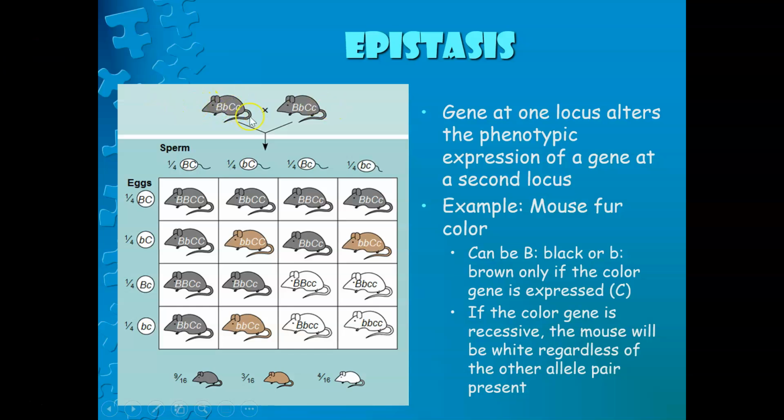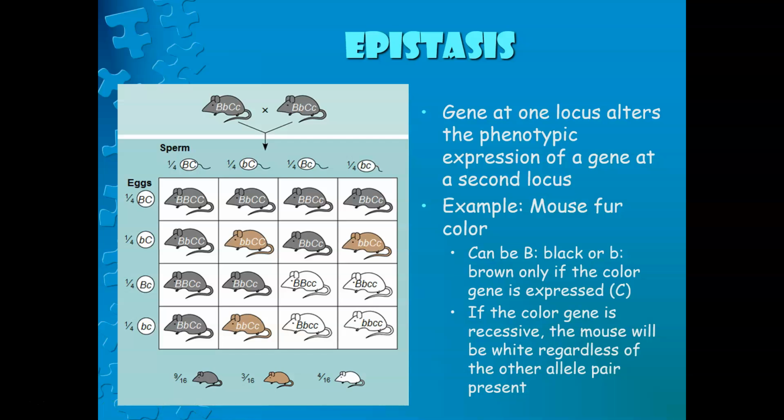Here I've got two completely heterozygote parents. And here's where these dihybrid crosses really become important. I get alleles that are either two dominant, one recessive for the color of black versus brown, and then a dominant for the color expression. Here's the opposite of that, and then one that's completely recessive. And I see that in both parents.